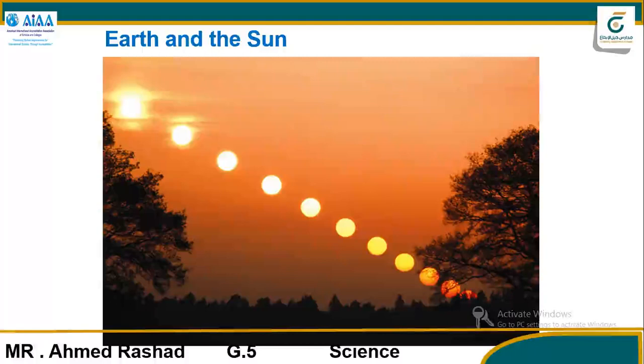Let's look at the relation between the Earth and the Sun and how people think about it. In ancient times, for example the Greeks, people described the relation between the Earth and the Sun without any telescopes or technology for exploring space.